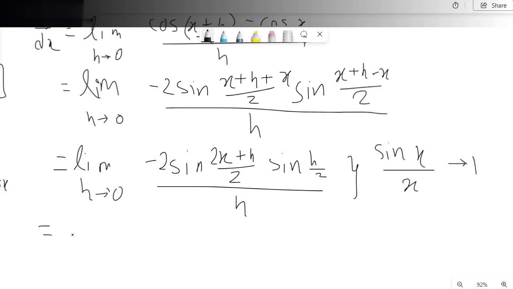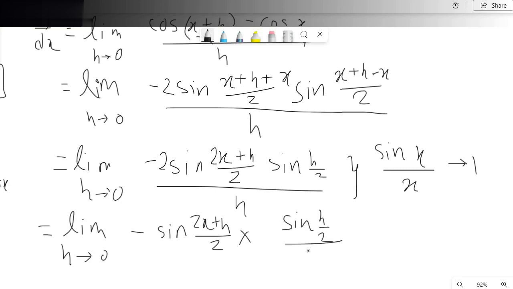So doing exactly the same as the previous one, we have the limit as h tends to 0 of minus sin((2x + h)/2) multiplied with sin(h/2) divided by h/2, and we exactly have a similar kind of format here.